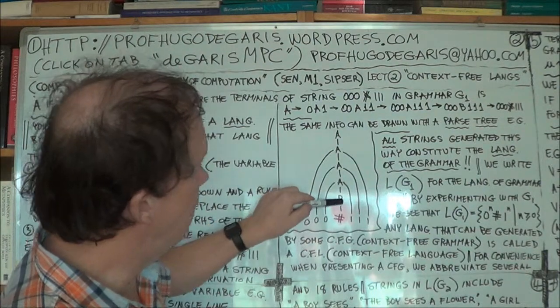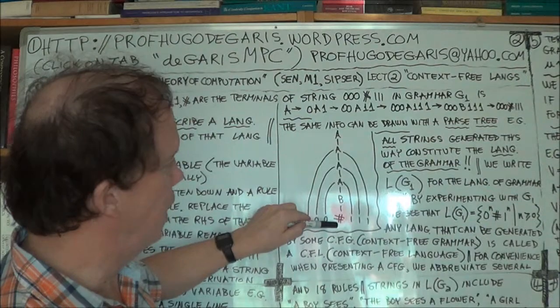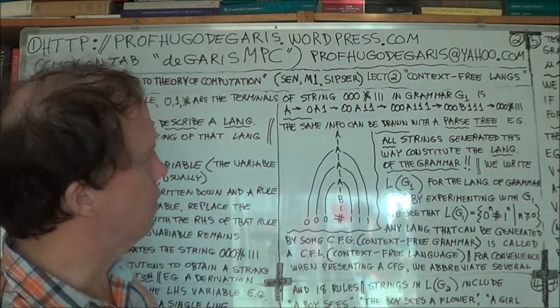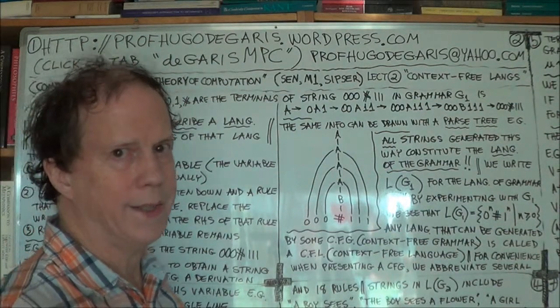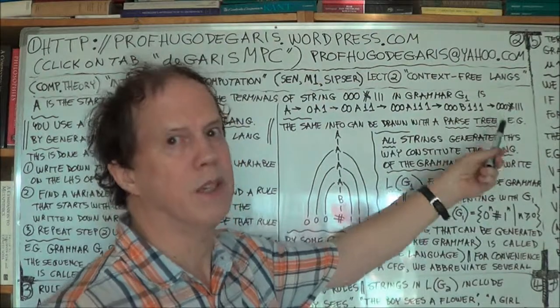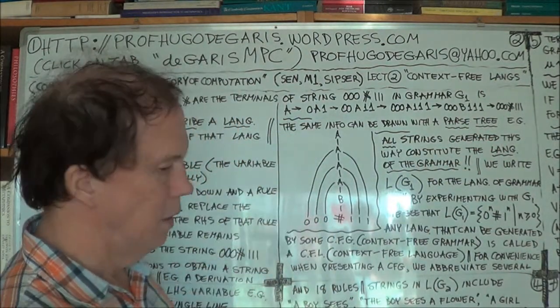Then you replace the A by B, like here. And then the B, you replace by hash. Okay? So that derivation is a tree, and it's called a parse tree. So there's another new term you need to memorize, okay? A parse tree.